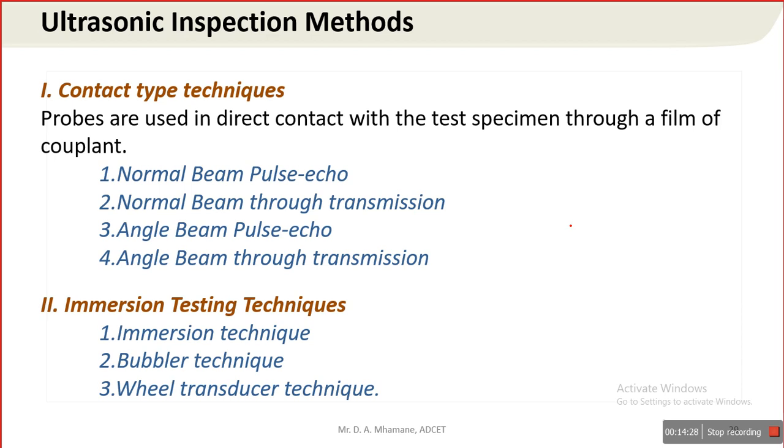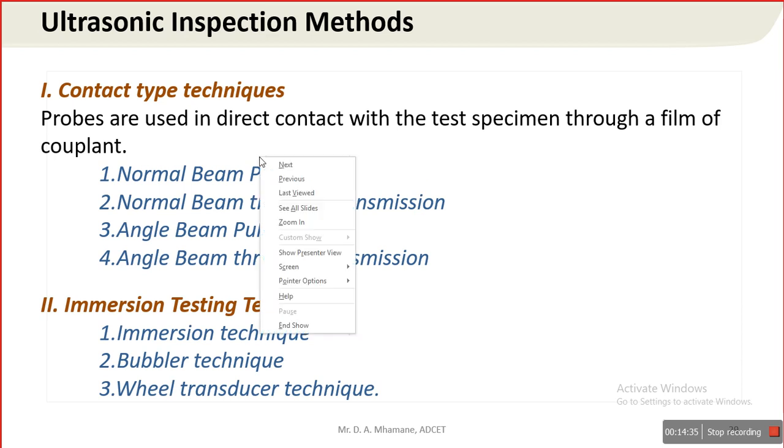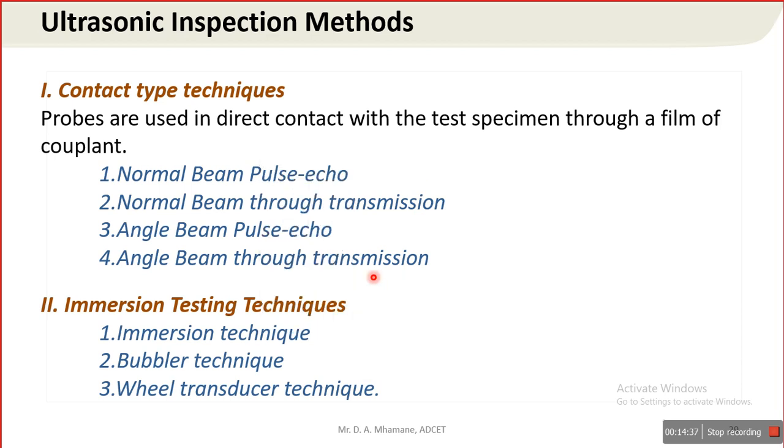So majorly there are two types of ultrasonic inspection method. First one, that is contact type technique, and second one, immersion testing technique. So in case of contact type, what happens? Probes are used in direct contact with the test specimen through a film of couplant.